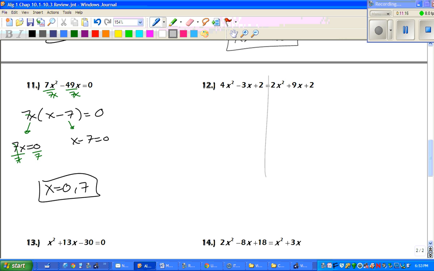All right, number 12. Let's get all the information to one side. We're going to subtract the 2x squared, subtract the 9x, and subtract the 2.